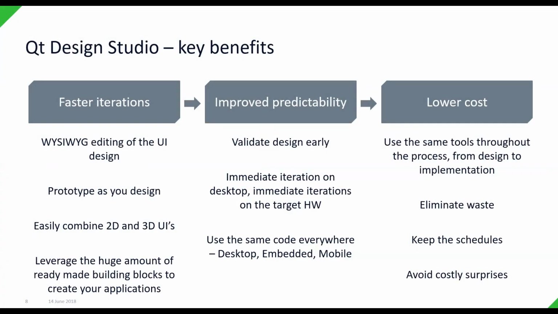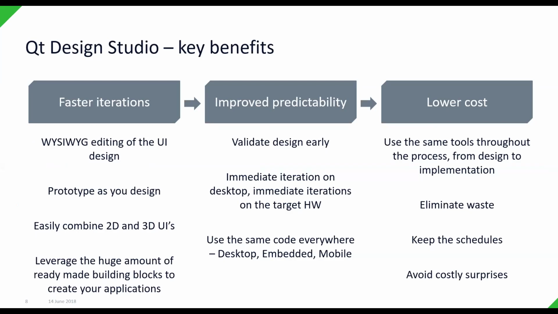So to wrap it up, I think what it boils down to is that Design Studio is about developer-designer collaboration in order to achieve faster iterations. Faster iterations means designers and developers can prototype as you design. As the design evolves and progresses, you do the prototyping at the same time.